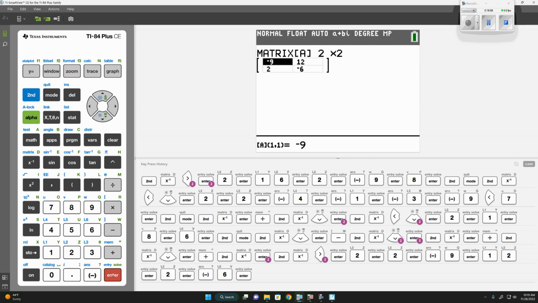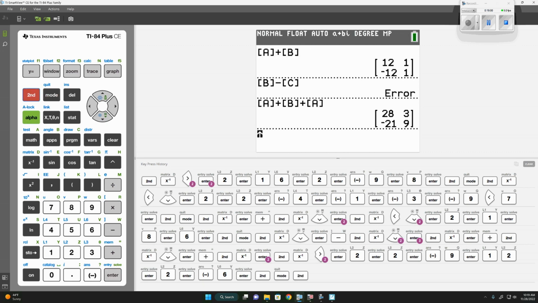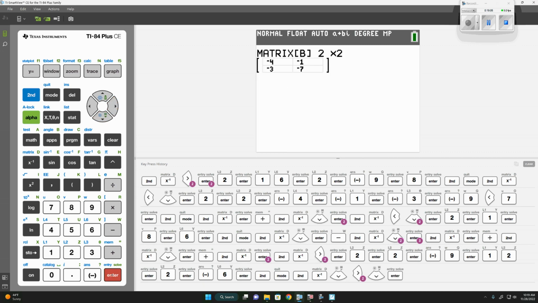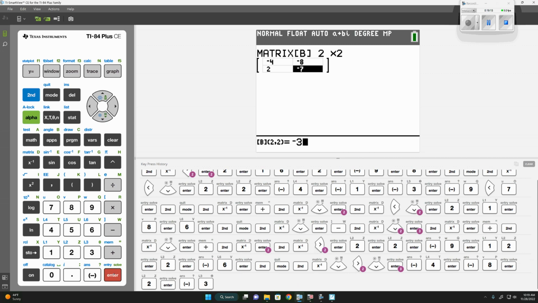Questions on this so far? Then we can go second quit, second matrix, over to edit, and go down to matrix B, which is also a 2 by 2. It's negative 4, negative 8, 2, and negative 3. Questions on how we type these in?